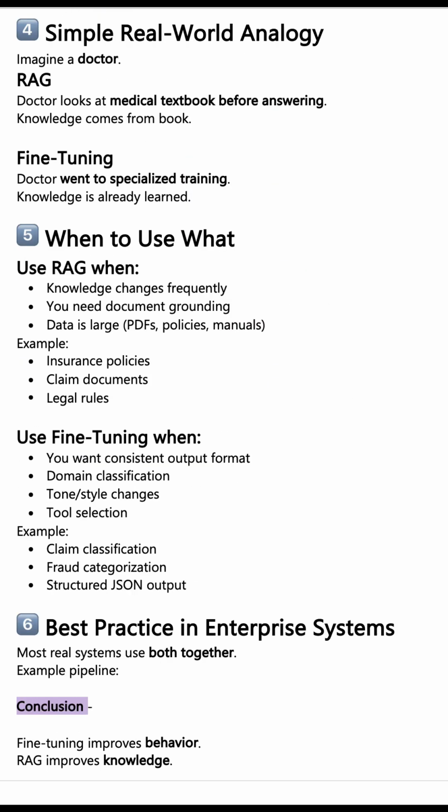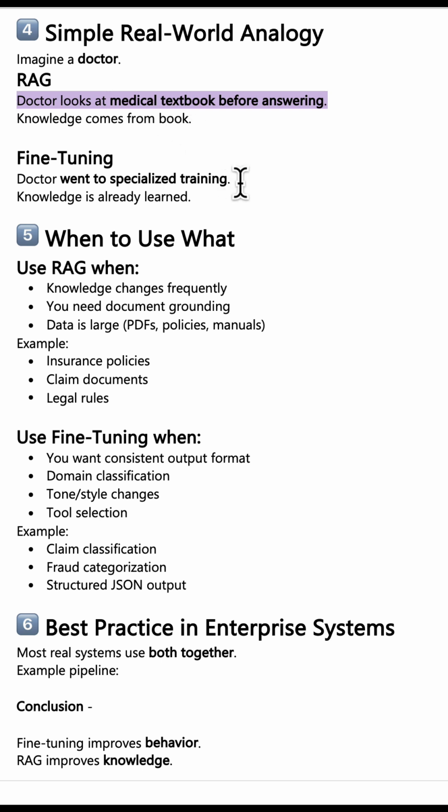Now let's understand the difference between RAG and fine-tuning through an analogy. Let's imagine the LLM model is a doctor. You ask a question of the doctor. To answer your question, if the doctor looks into a medical journal or uses some external data source, then it's RAG.